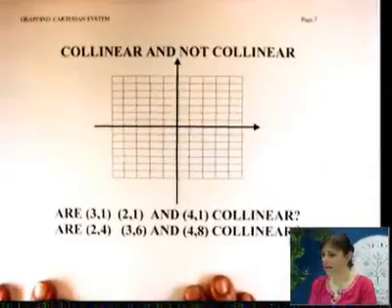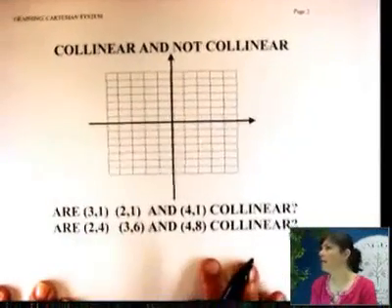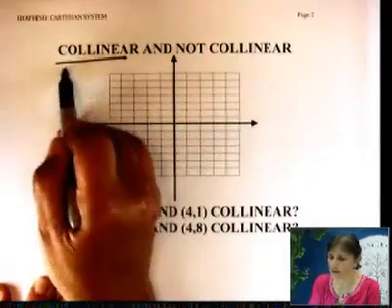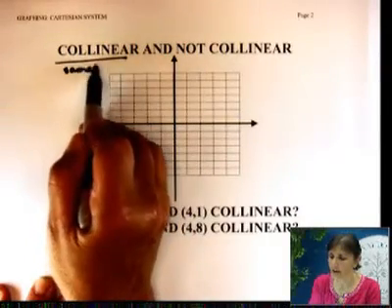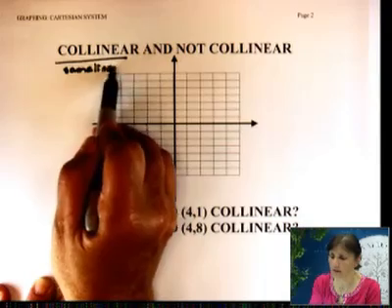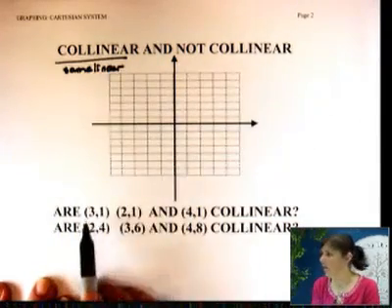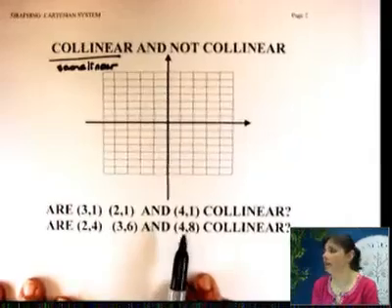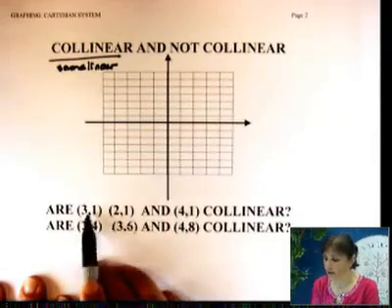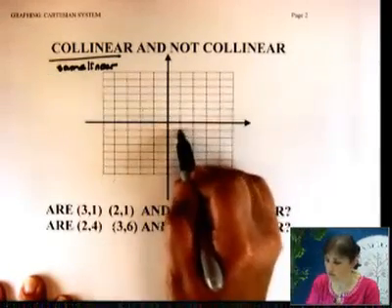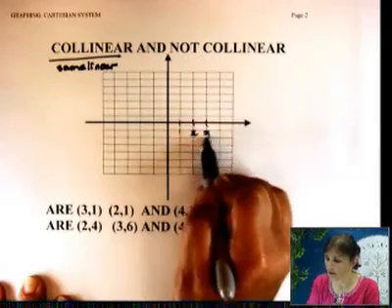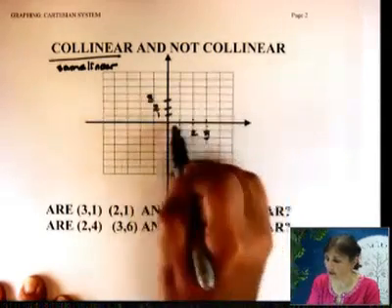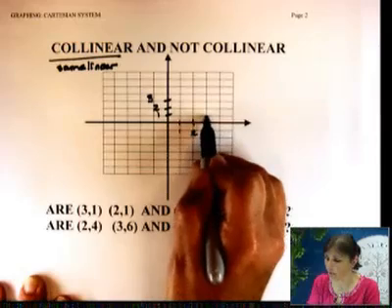All right. The words collinear and non-collinear, how does that work? Collinear means on the same line, and non-collinear means it's not on the same line. So let's look at it. The question is, are (3, 1), (2, 1), and (4, 1) collinear? Okay, let's put them on. (3, 1) is to the right 3 and up 1.